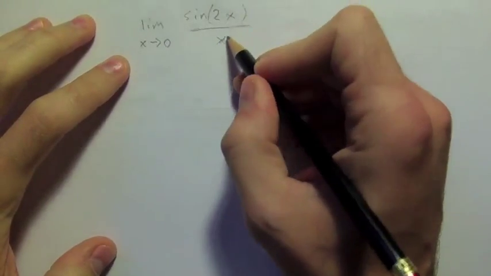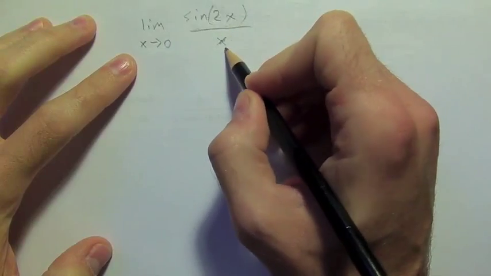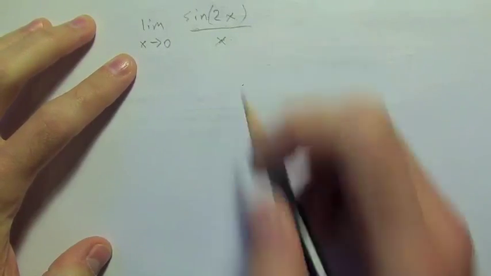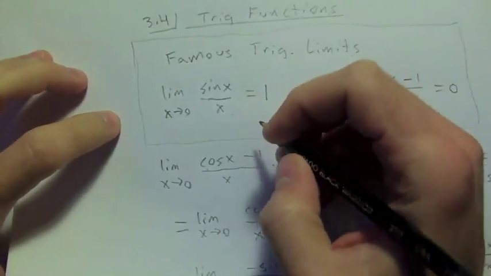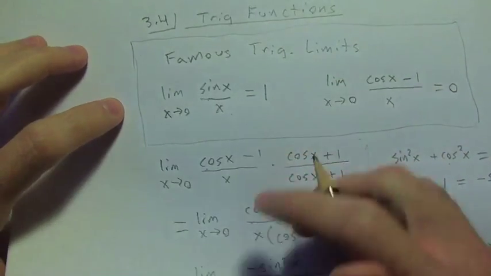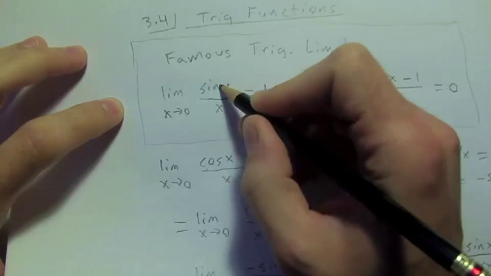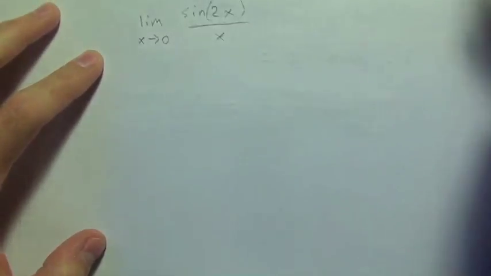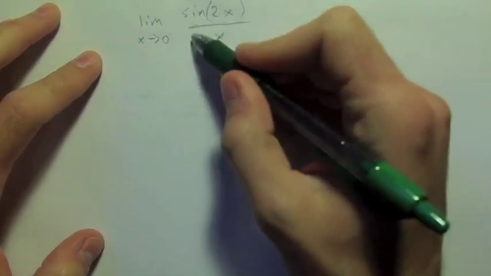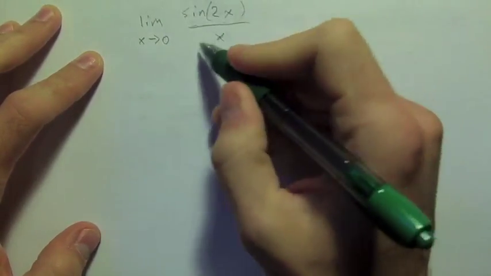For this to work, I need the variable on the inside to match the variable on the bottom. All right, we have sine of x over x, and these two things have to match, right? So if I put a 2 in here, I'd have to put a 2 down here. But I can't just put a 2 on the bottom, right?